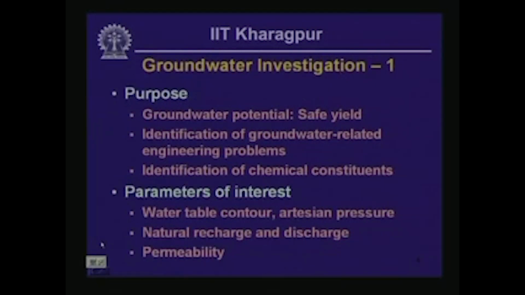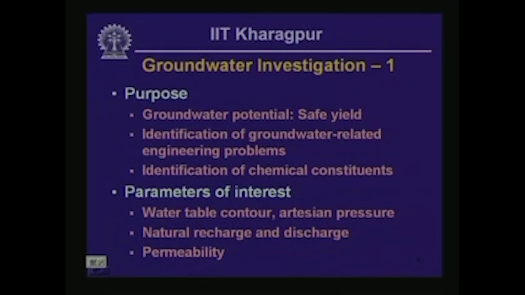Okay. So, first of all, we look at the typical objectives and procedures for groundwater investigation. In order to assess groundwater potential, the first step is to carry out a groundwater investigation.